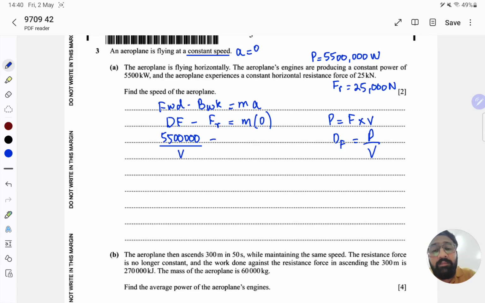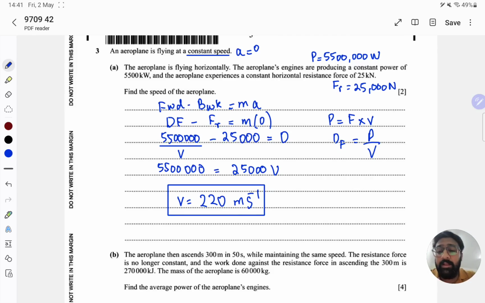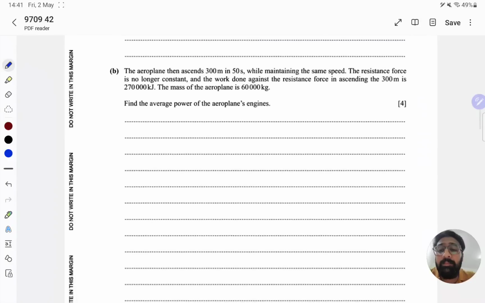So V minus the resistive force, 25,000, equals 0. Simplifying, 55,100,000 is equal to 25,000 V, and the value of V will be 55,100,000 divided by 25,000. The value of V will be 220 meter per second. Okay, let's move to the next part, the B part.